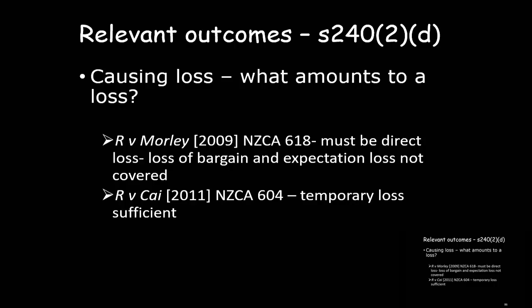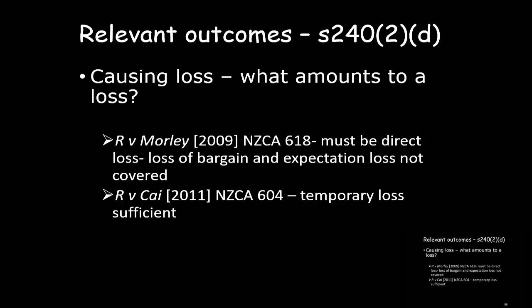So the people had on-sold the properties when he couldn't actually fulfil the contract. They on-sold them, but they sold them for a lesser amount. Right, so they were claiming the difference, right? And the court said that that was loss of a bargain or an expectation loss, and that is not covered by Section 240.